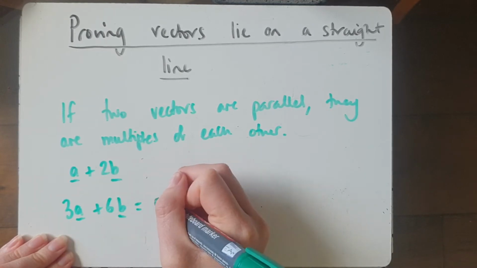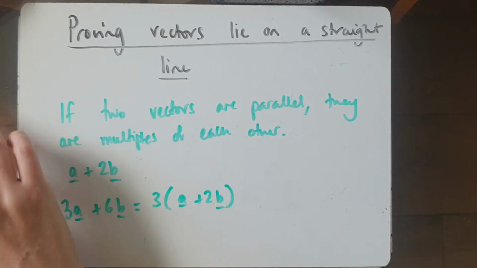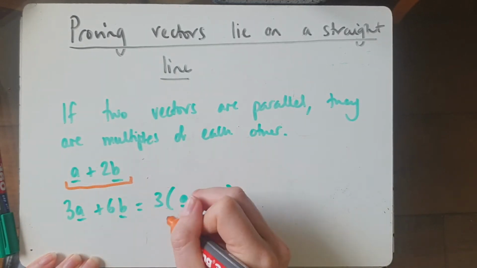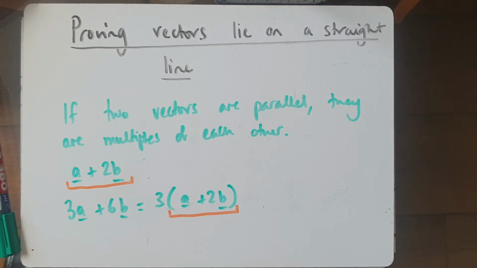Because we can take 3 out of this, that means that this vector and this vector are parallel because they are both multiples of a plus 2b, or this one is a multiple of this one.